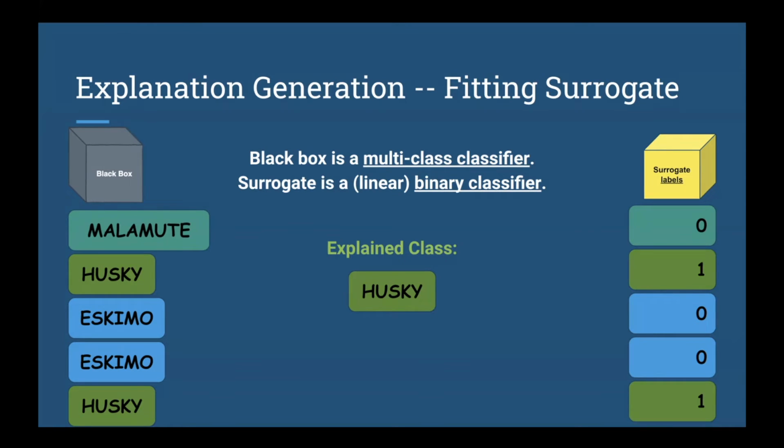And we do that by putting 1 if the black box outputs the class that we are explaining, and 0 otherwise. So you can think about these explanations as 1 versus the rest. So does it contribute to husky or not husky? We do not differentiate between the other 2 classes, which in this case are Eskimo and Malamute.